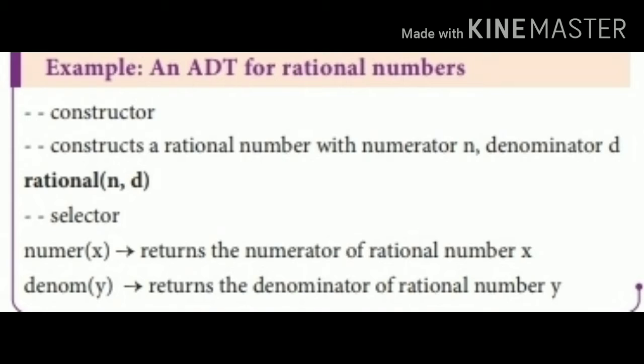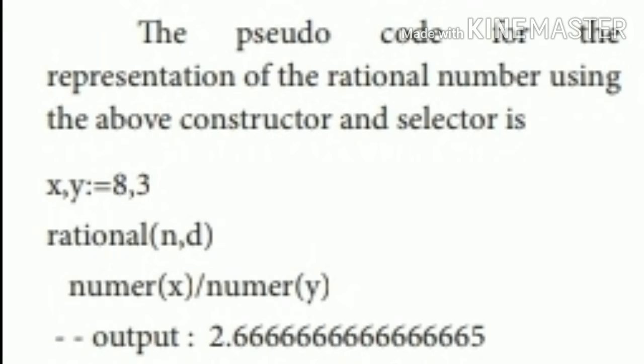Okay. How to write the pseudocode for this representation? For example, x comma y equal to 8 comma 3, that is x equal to 8, y equal to 3. Rational of n comma d is the constructor statement. Here n value is 8, d value is 3.